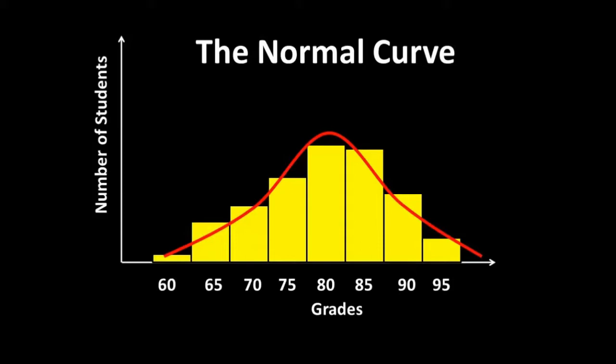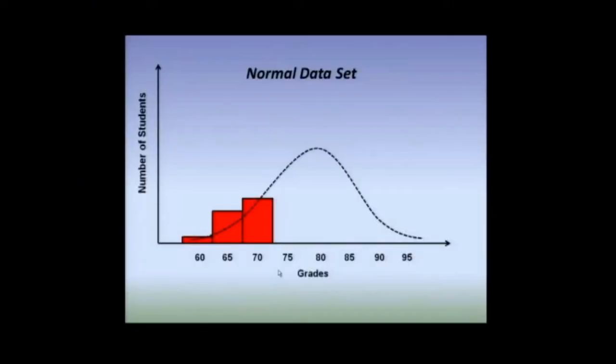But for right now, what we consider a normal data set is a data set that has few observations of the low values and few observations of the high values, and the bulk of observations or the majority of observations are in the middle. That's what we consider a normal data set.